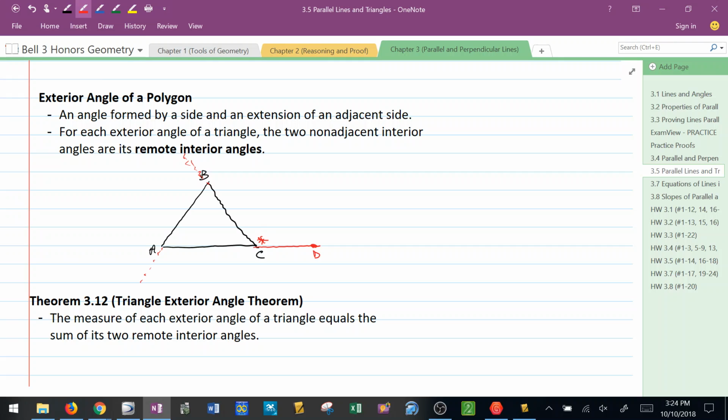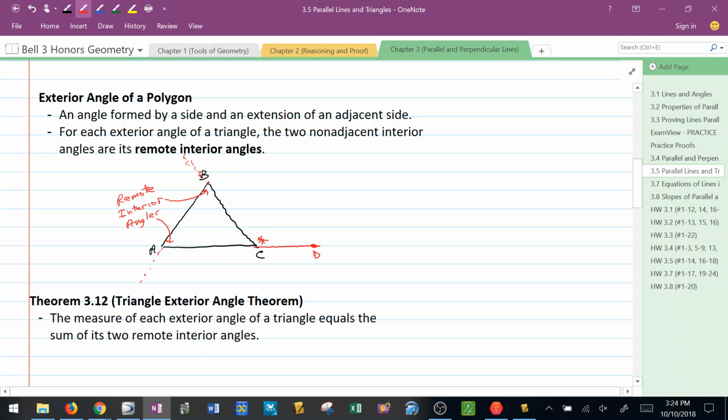Now, if I am standing where this new exterior angle is created, then I actually have a name for this angle right here and this angle right here. And those two angles are known as remote, because they're not next to it, interior, because they're inside the triangle, angles.